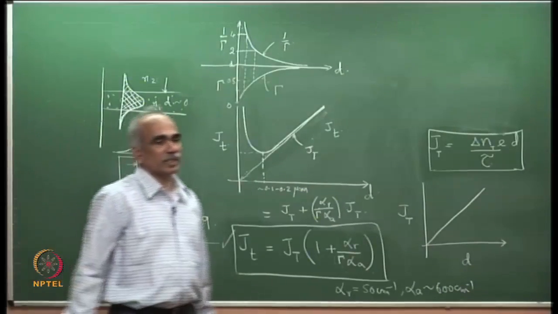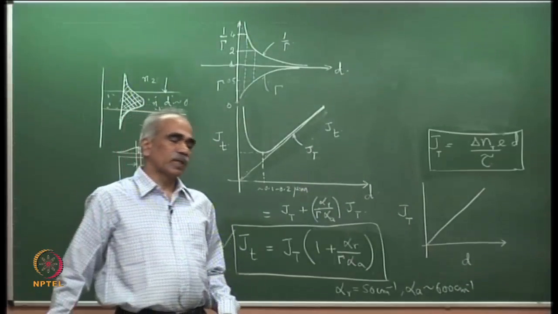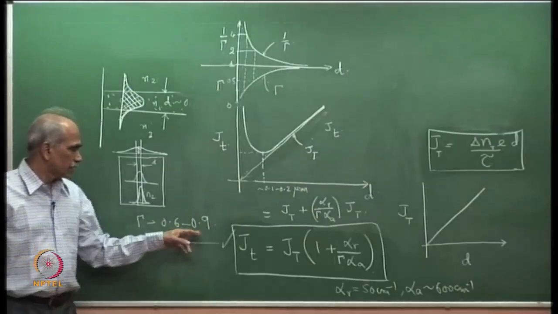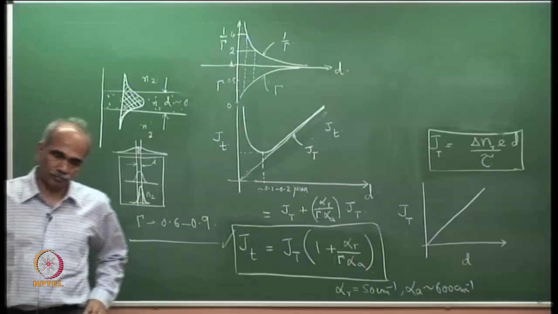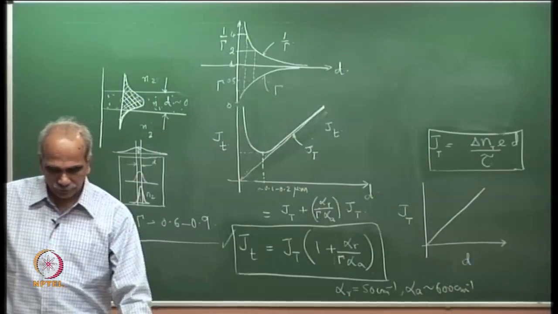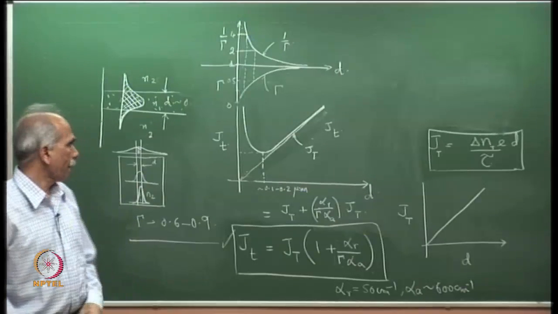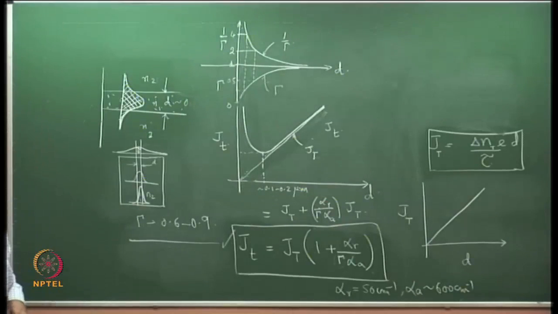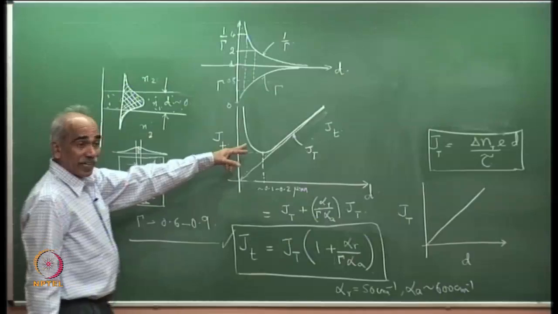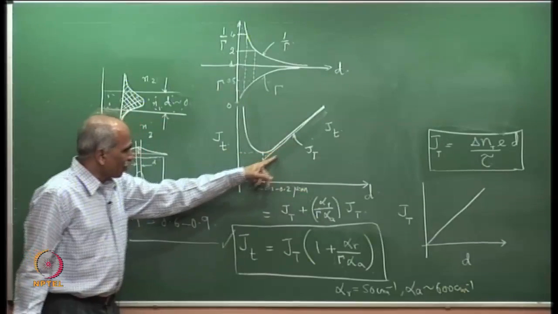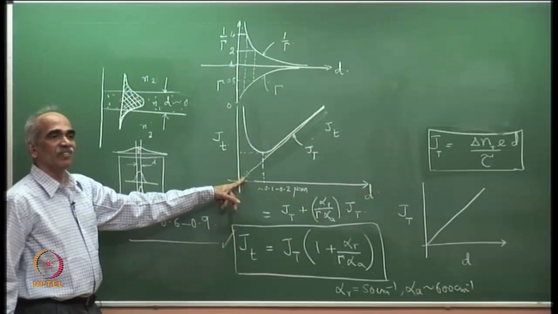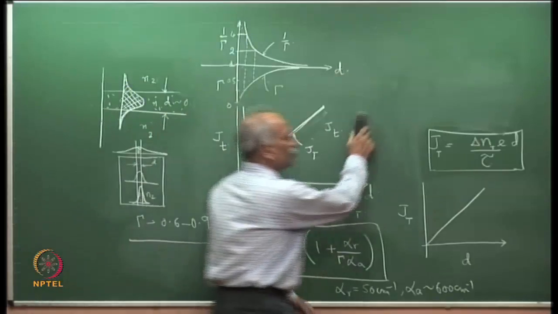For most practical semiconductor lasers, gamma is between 0.6 and 0.9. Is this okay? If that factor gamma was not there, it would have been going like this, down. So, gamma was the one which stopped it there.